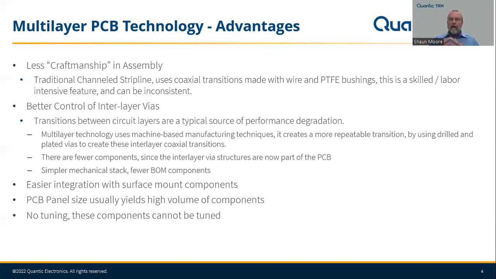Again, with the older style of machined housings, the launch between that subassembly and where it's going really depends on the mechanical interface, and there are far more variables in that kind of interface as opposed to going to a direct solder mount.